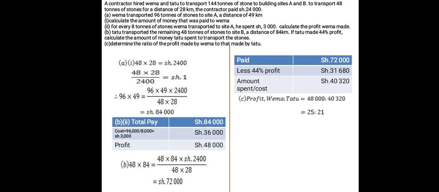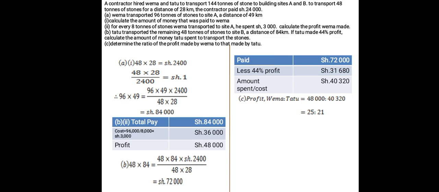We shall divide 48 times 84 by 48 times 28 over 2,400, which is the same as multiplying by the reciprocal. So we shall have 48 multiplied by 84 multiplied by 2,400 over 48 multiplied by 28. We get that Tatu got 72,000 shillings.